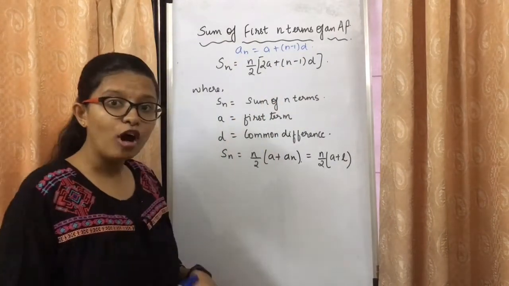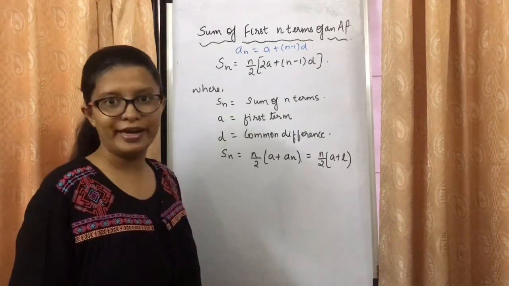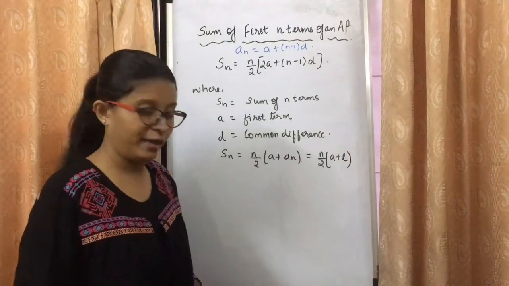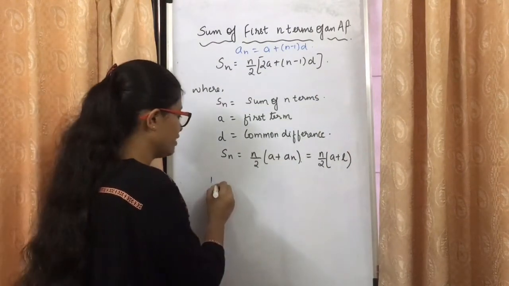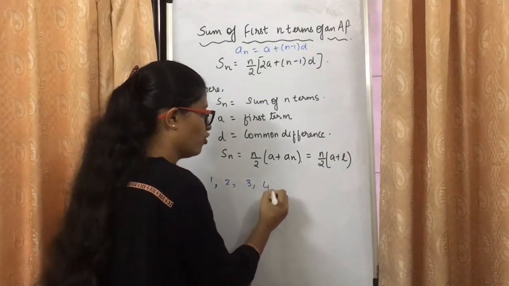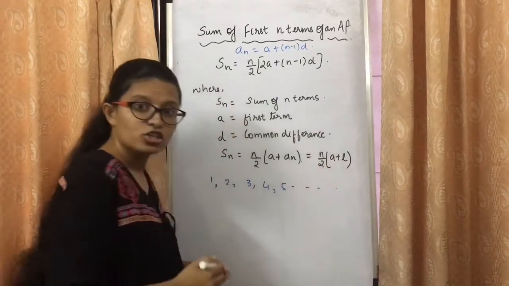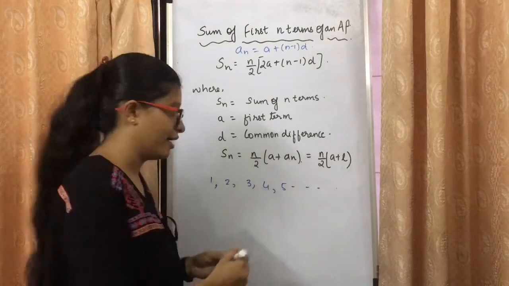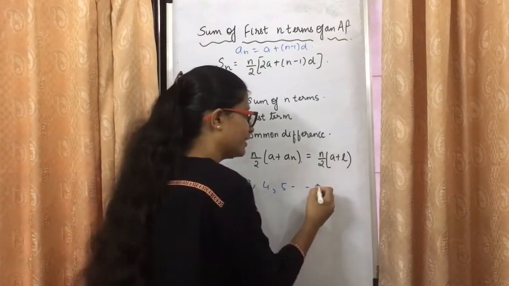Now, if you want the summation from the first to the 8th term, that's why the name given is sum of first n terms of an AP. So, if the series is like 1, 2, 3, 4, 5 and goes on, on the 8th place I will get 8.